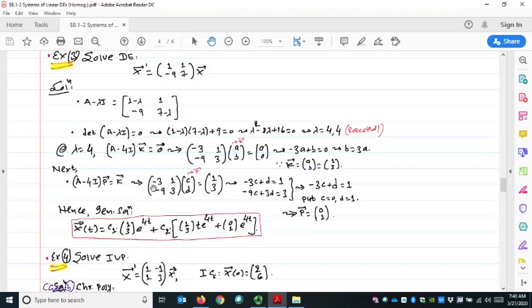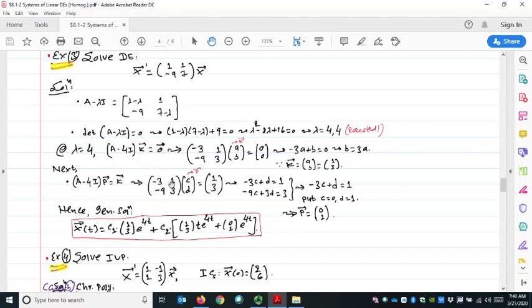Then A minus 4I, this is the matrix we obtained from this A minus lambda I by putting lambda equals 4: 1 minus 4 is -3, 7 minus 4 is 3, 1 and minus 9. Let's keep it as it is. P vector is c, d, assume, and we find the values of c, d later. And vector k is 1, 3, we found here.